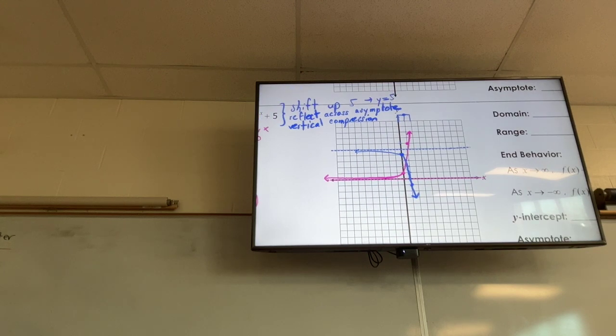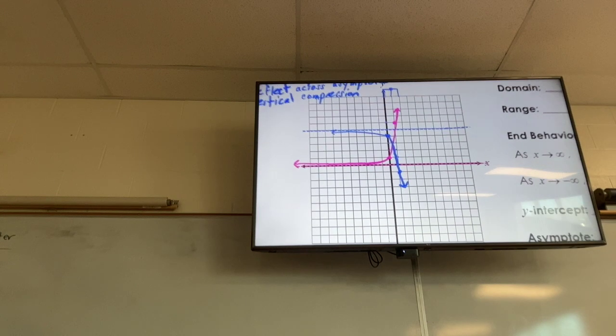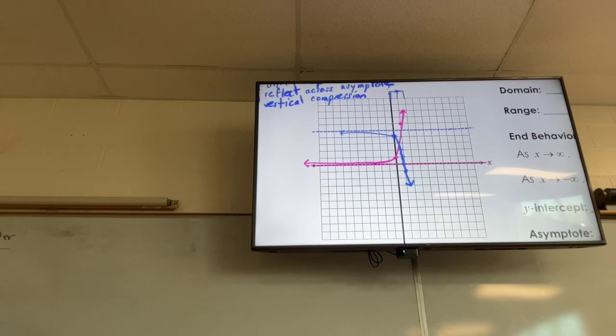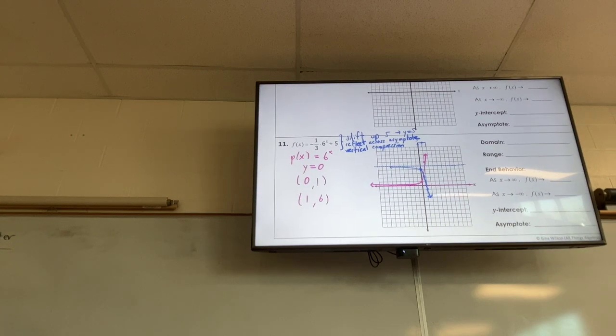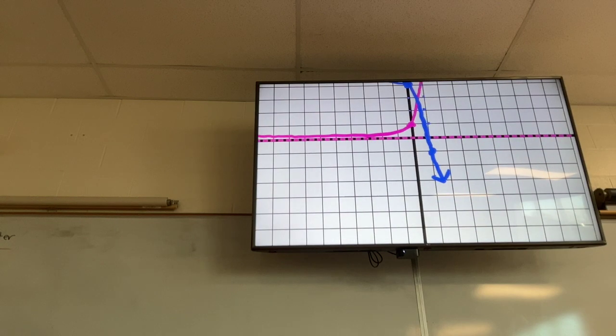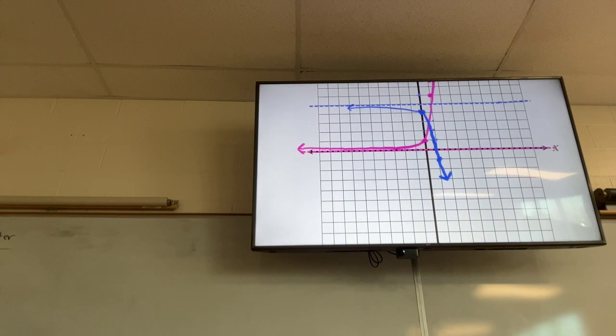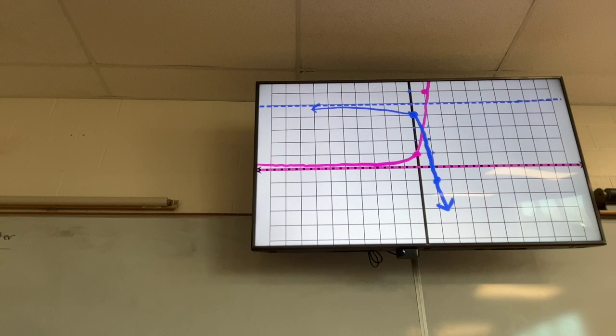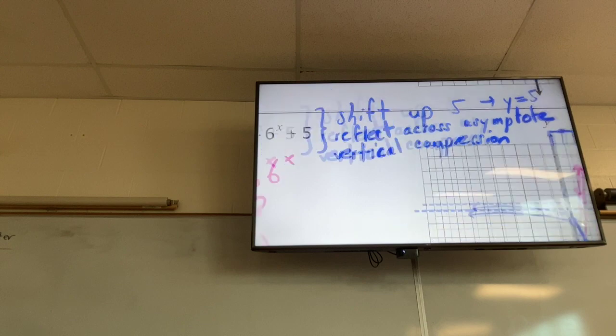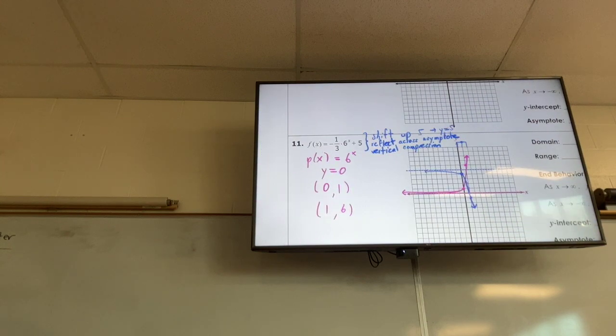Questions, comments, concerns before we write down the info? Yes? Do you not vertically compress it on the graph? So, yeah. I'm more interested in you guys writing it down than showing it.